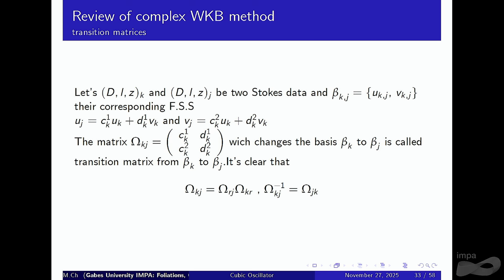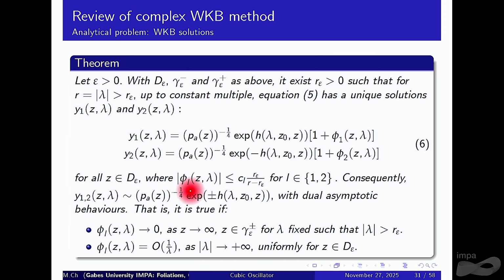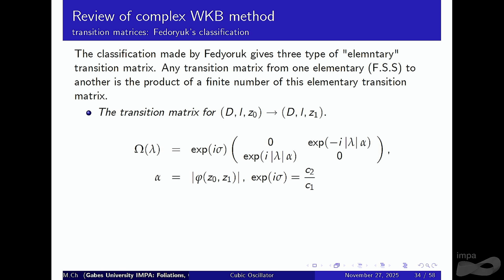But in our work, we work with 3 types of transition matrices because we want a result of the first order, that means just bounded by this term in lambda. If we need the other terms, we should use the 4th type of transition matrices. So the matrices are of this form.